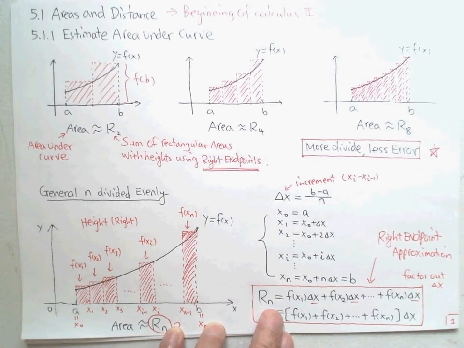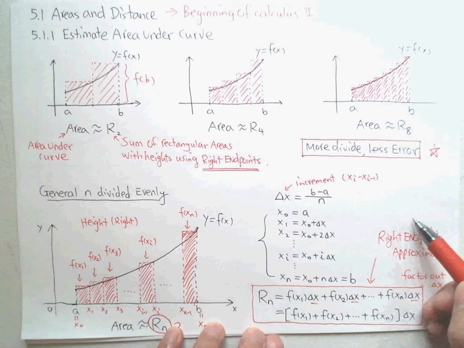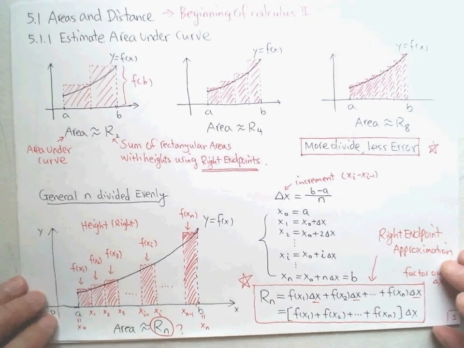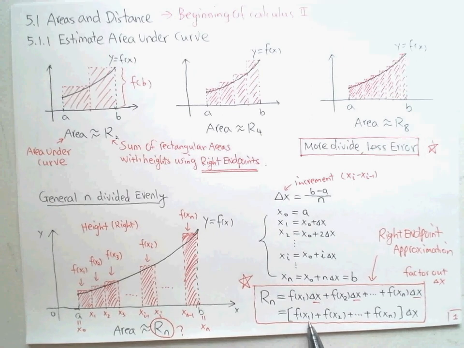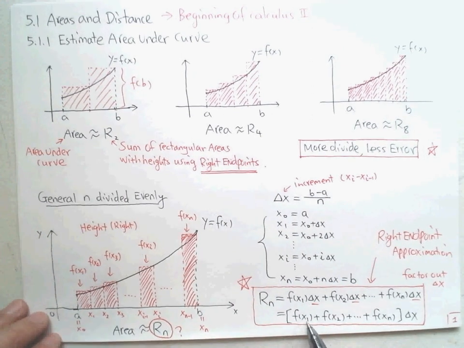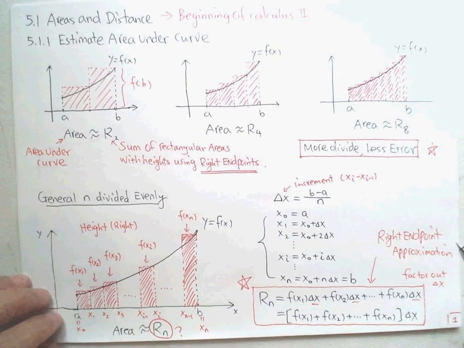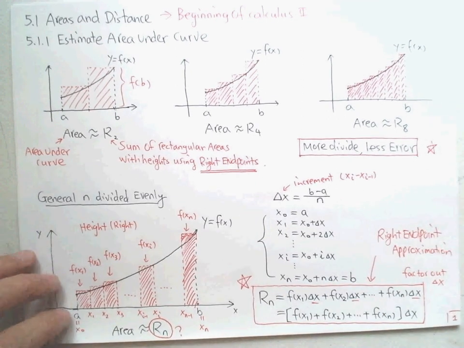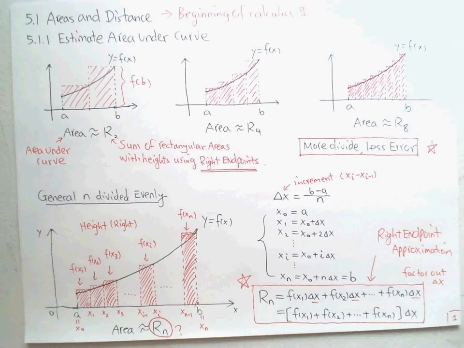The bigger the n, the smaller the area of each rectangle, the better the approximation. Don't forget, the first height is f at x1, not f at x0. The last is f at xn, the right endpoint. So we have the first formula, and then I will go to the second.